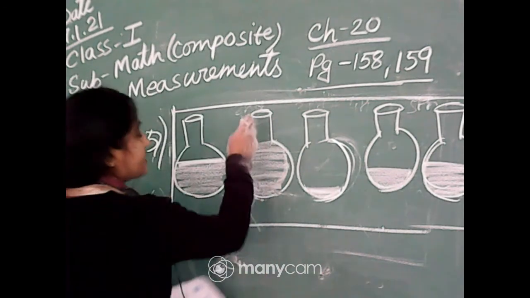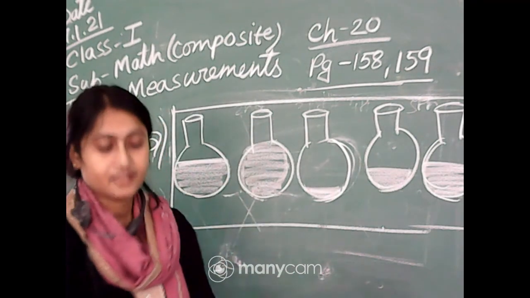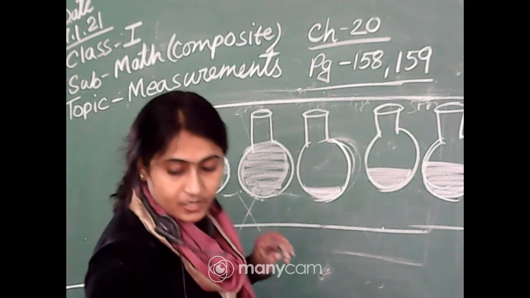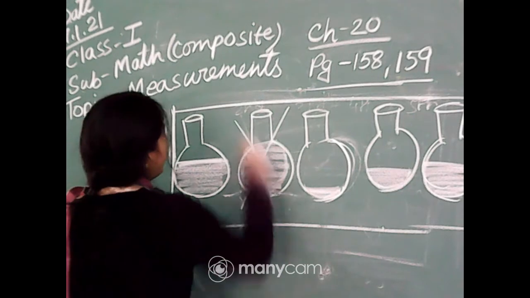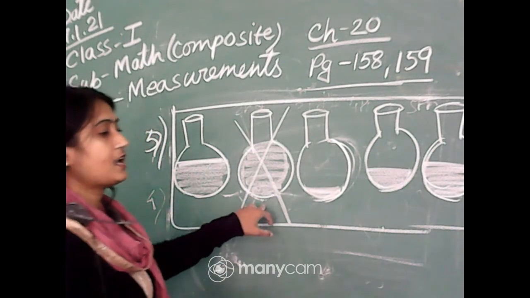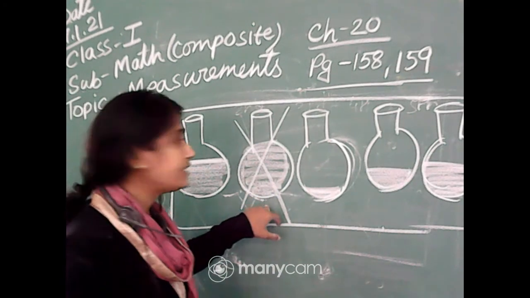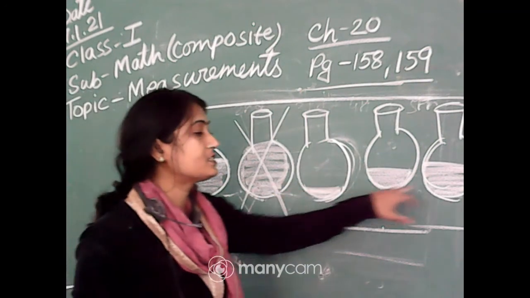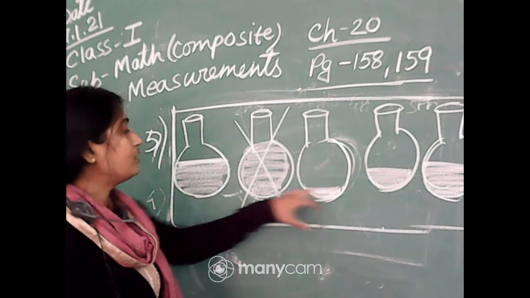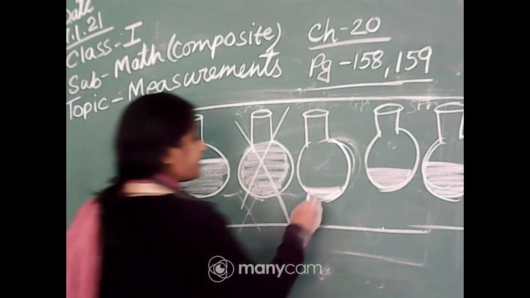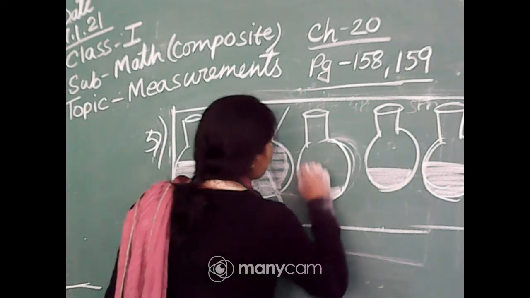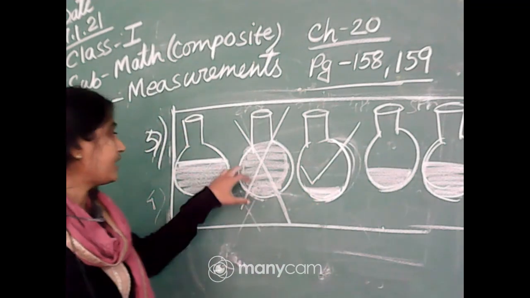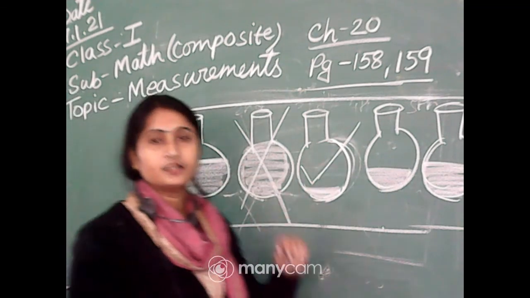The second container has largest quantity of liquid. So please cross the second container. And the third one, look, now you just check other 4, which one has less quantity of liquid? This one. So please tick number 3. Second cross and third one tick.